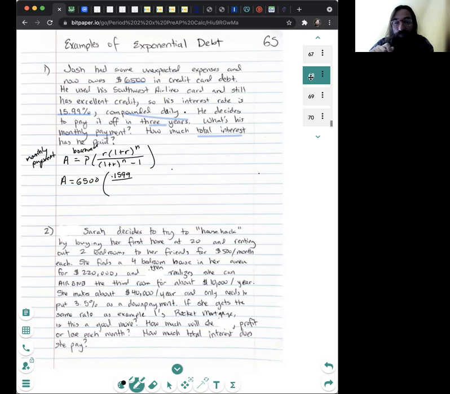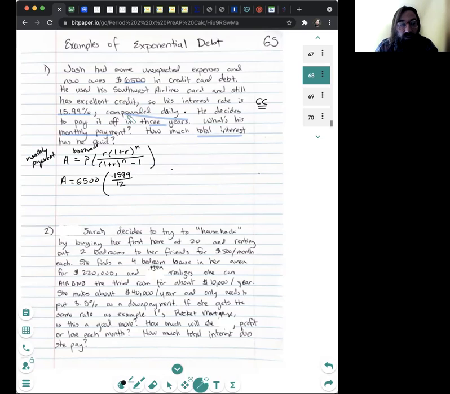However, when banks are talking about credit cards, and this really only applies to credit cards, they calculate the interest rate differently. We only need to divide it by the number of payments we're going to make in a year, so since we're dealing with monthly payments, we divide the 0.1599 by 12 instead of 365.